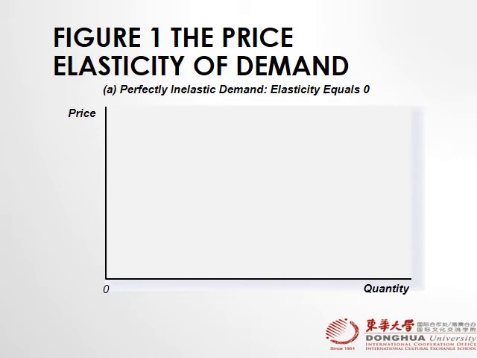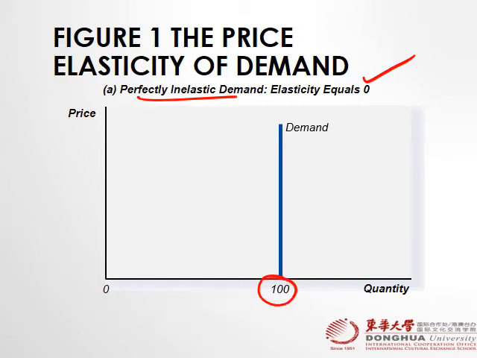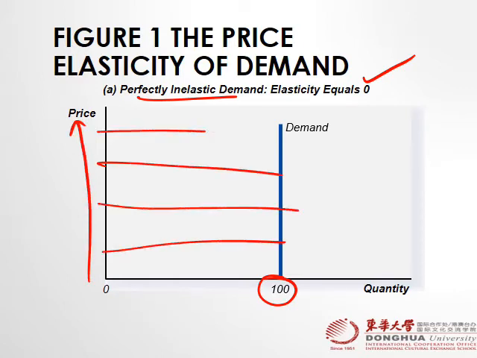So perfectly inelastic demand is when the price elasticity of demand is 0. Here we have the example where the change in quantity is 0 while the change in price is unlimited. If you increase the price, nothing changes in the quantity.